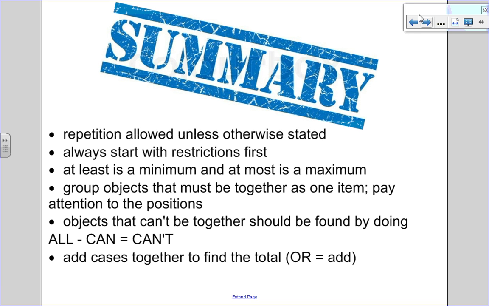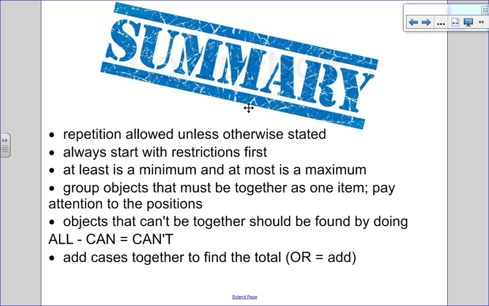Grouping all the objects together that must be together as one item, just pay attention to the positions or the ways of arranging those objects that you group. Objects that can't be together, the negative, always solve the positive case. All minus can equals can't. And if we have cases, as in the one that we did with the at least 3 3s, you could have 3 3s or 4 3s, those were cases. You add them together to find the total.